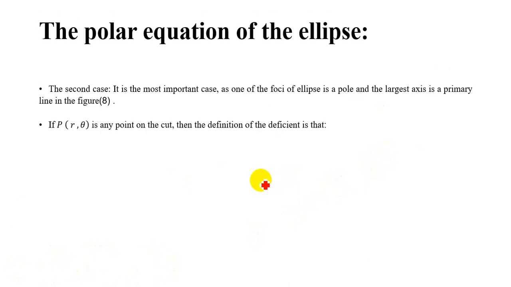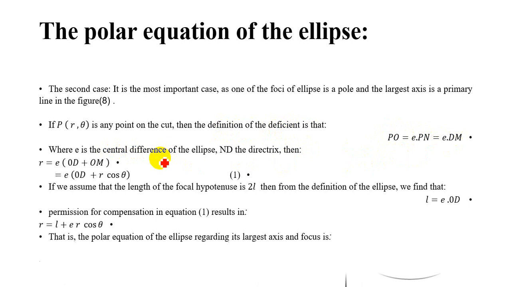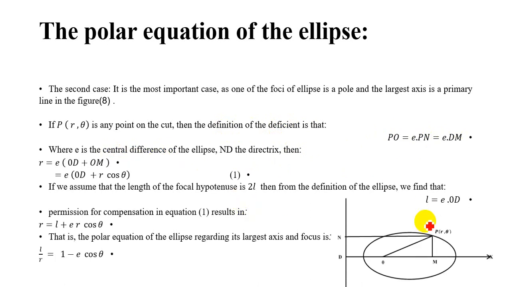The other one, the second case, is the definition of the eccentricity. Suppose that we have BO equals e BN equals e DM. So let's see the shape.